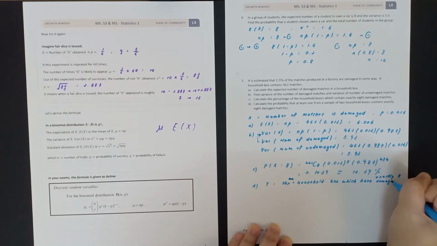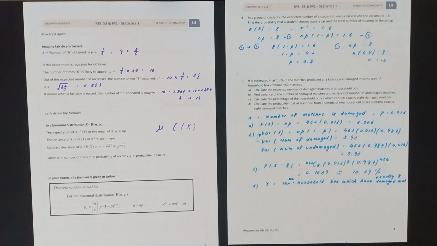So this is my new Y. Now I want to find the probability that at least one of the sample of 2 household boxes contains exactly 8 damaged matches. So my n, my number of trials, now becomes 2, because I have a sample of 2.